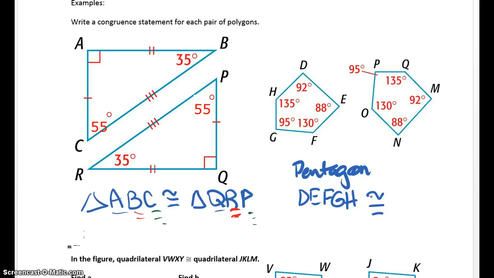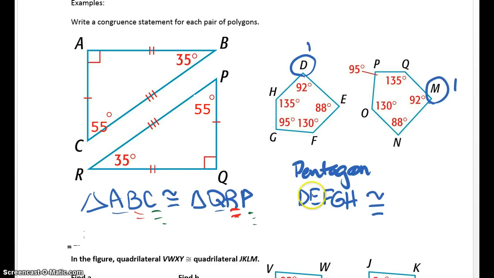So now we have to name the second pentagon. So we look over here, and angle D is where we started. That was number 1. What does that correspond to? Angle M. So I'm going to name that as number 1.